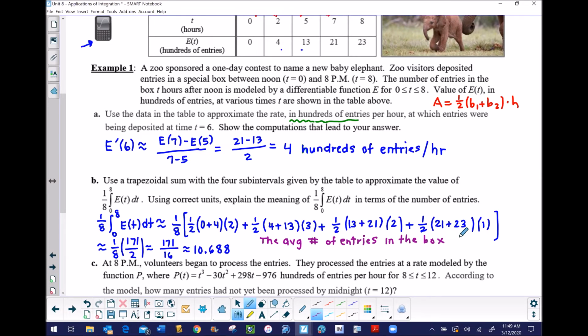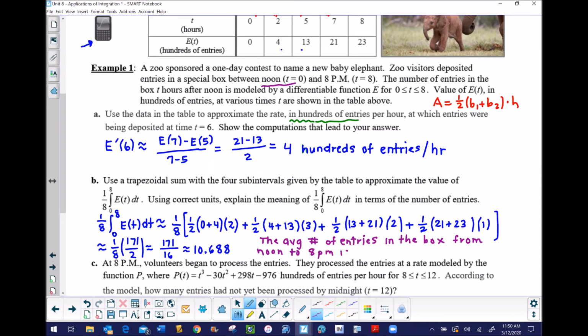That's perfectly fine. If you wanted to make it look even more impressive, what does time 0 mean? What time of the day is time 0? Noon, right? So you could say from noon to, and then time 8 is 8 p.m. Now you don't have to do that. If you just generically said time 0 hours to time 8 hours, it would be acceptable.